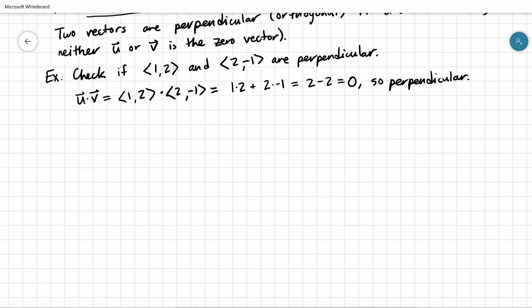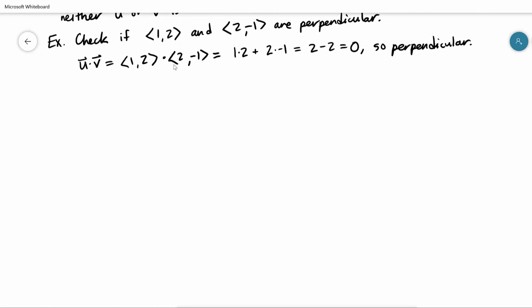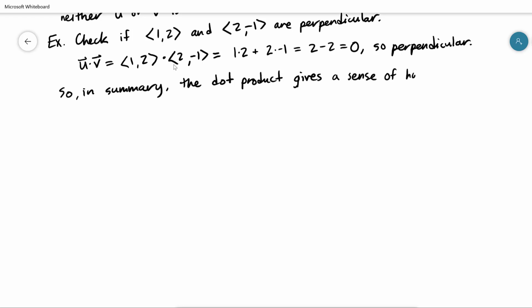Let me give you a quick general summary of what this means, and then we can do some more examples. One way to think about what the dot product tells us, I said this earlier, but maybe I can clarify this point a little bit now: the dot product gives a sense of how similar the directions of two vectors are.